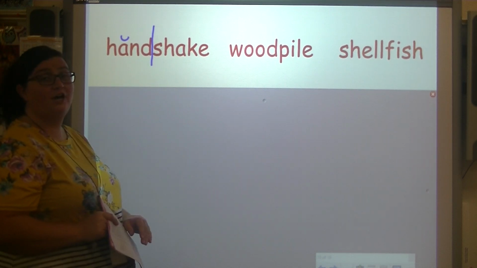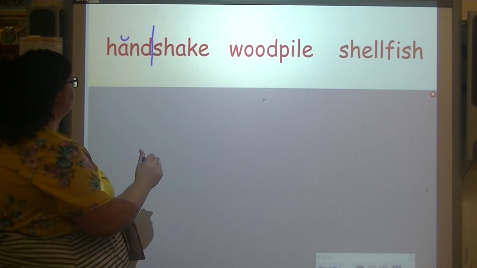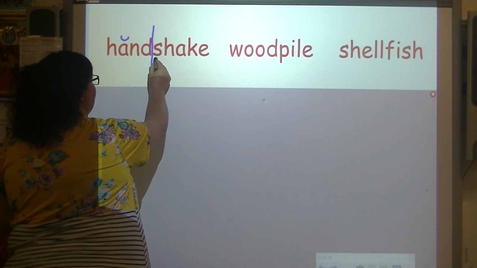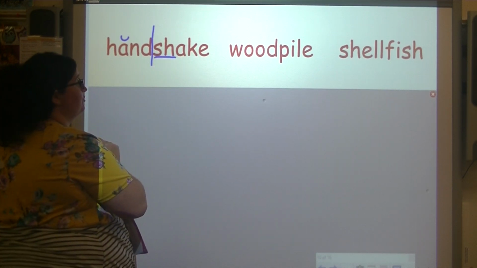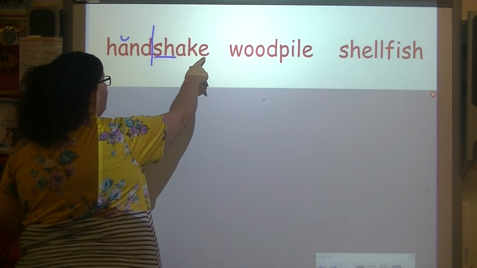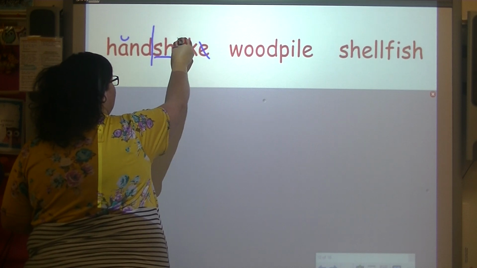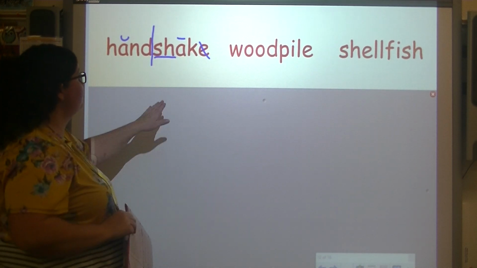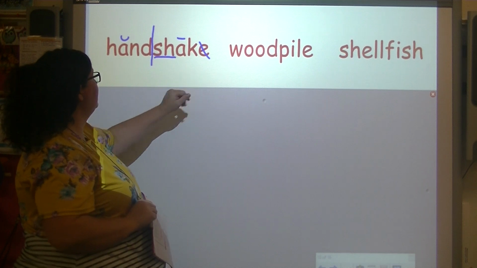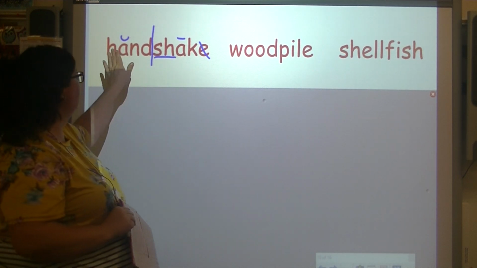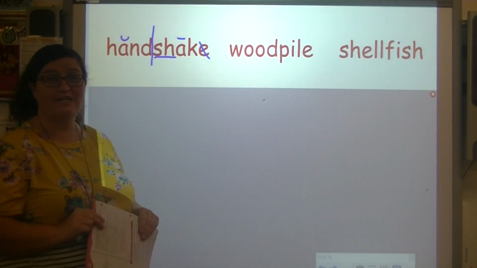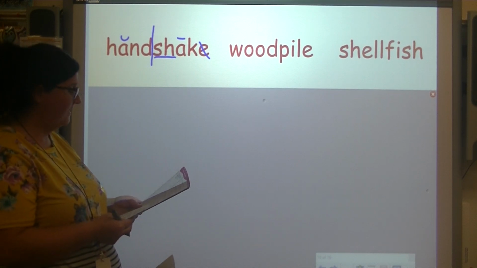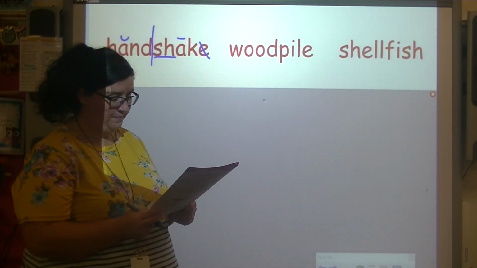All right, how do we code this part of the word? All right, we've got digraph SH says shh. Now we've got A, sneaky E. Shake, shake. Now we can read the whole word. Hand, shake.